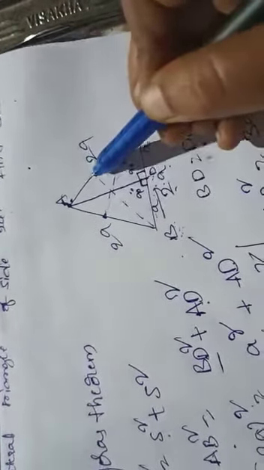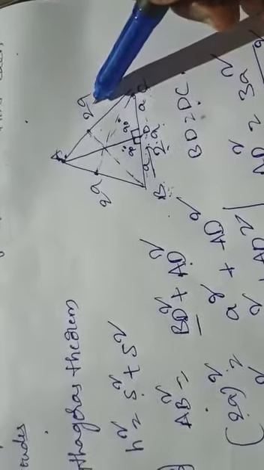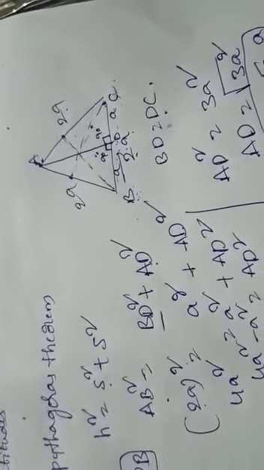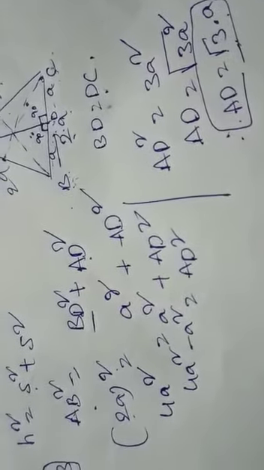Okay. All altitude values are the same. Why? All sides are equal to 2A units. This is the equilateral triangle. So, the other 2 altitudes are root 3 into A units. Is it clear?